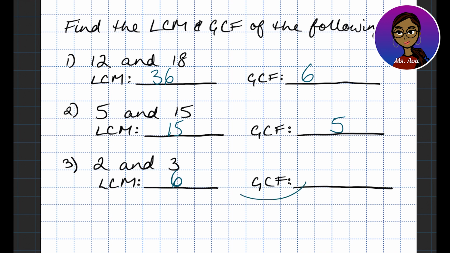And what do you think the GCF would be then? Nothing? Like you just put a 0? No, you can't put a 0. You can always put a 1. When there's nothing, or it seems like there's nothing, it's just a 1. Oh, okay.